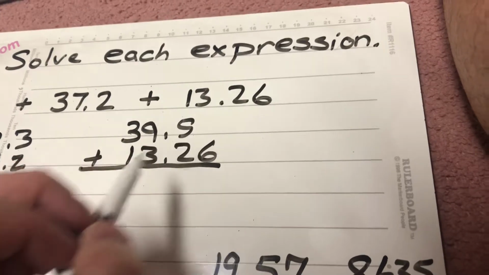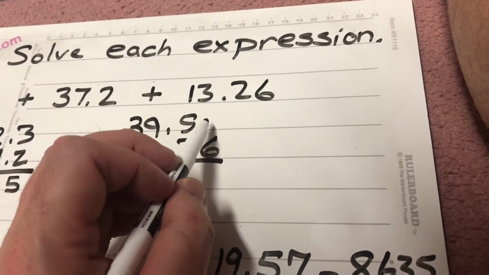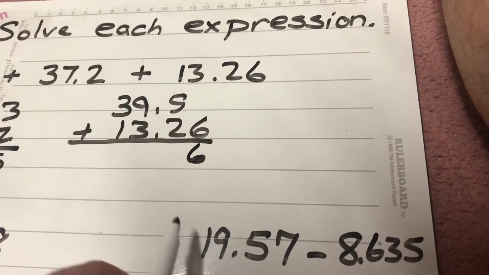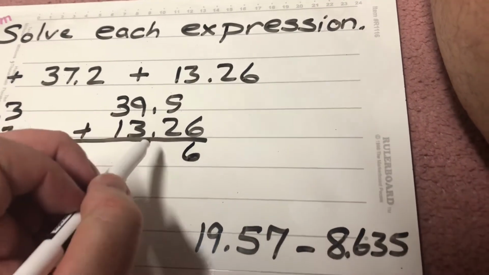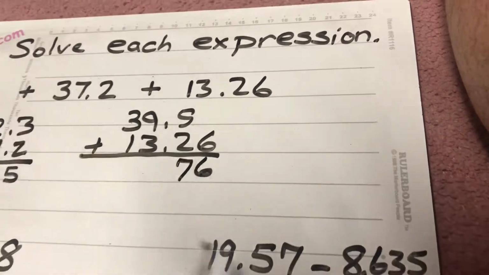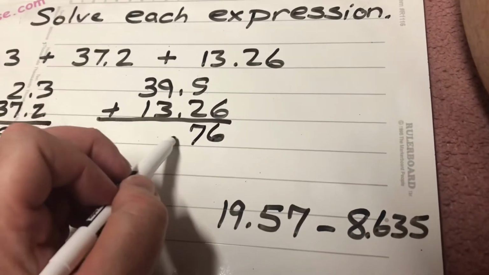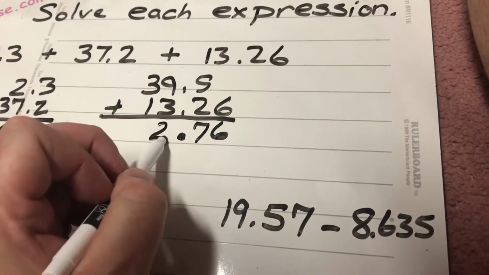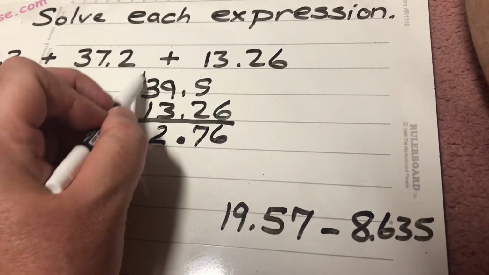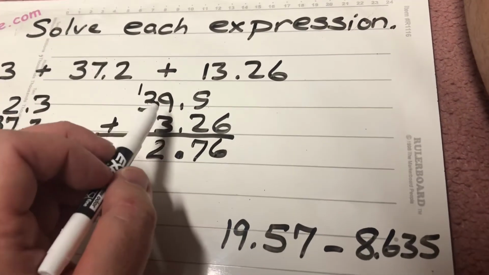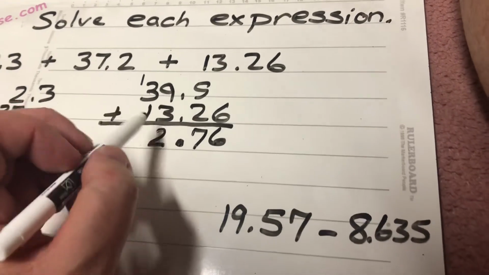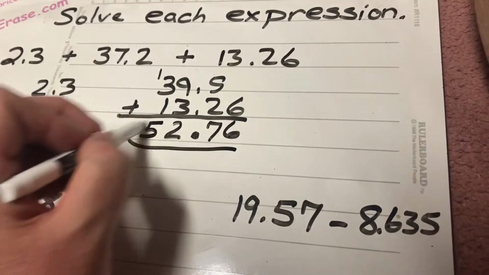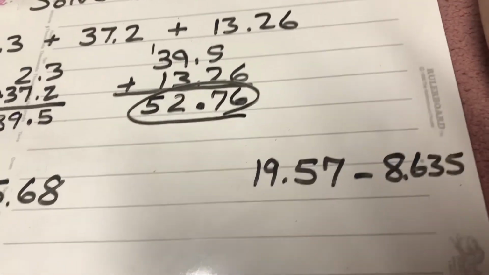But Mr. Swack, when you're adding, wants you to remember that's just 0 plus 6, and you can drop the 6. Then I have 5 plus 2, which is 7. Then we go ahead and drop the decimal. 9 plus 3 is 12. Put the 2 down. Carry the 1. 1 plus 3 is 4. 4 plus 1 is 5. I end up with 52 and 76 hundredths.